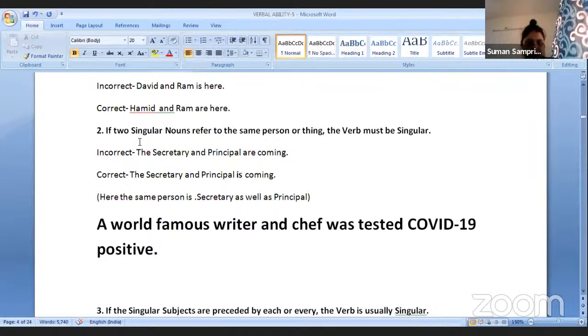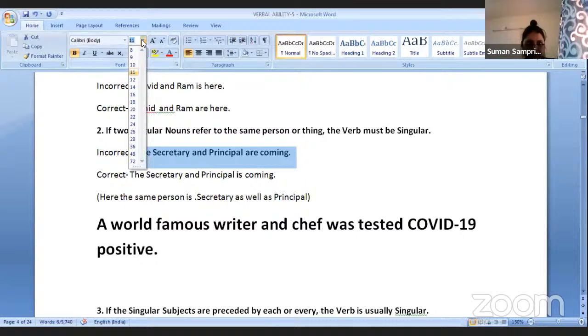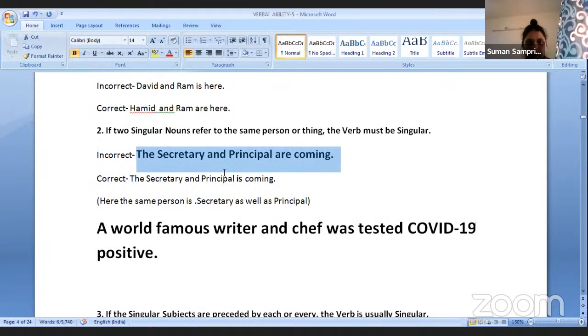What is written? Why it was incorrect? Because here, read this sentence. It is written that the secretary and principal are coming. यहाँ पे गलती है "are". This is incorrect. Okay, the principal is not here. Sunita is correct.